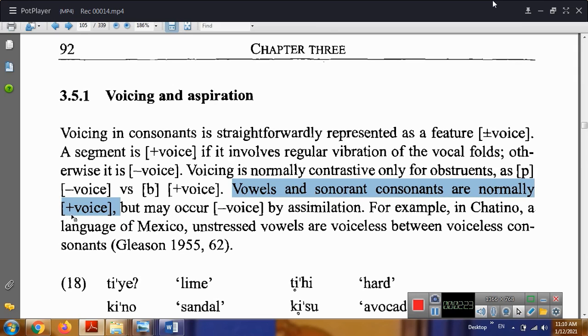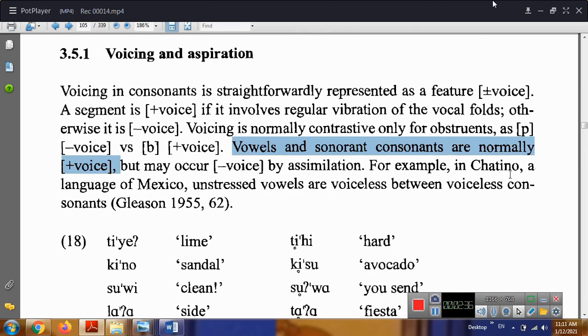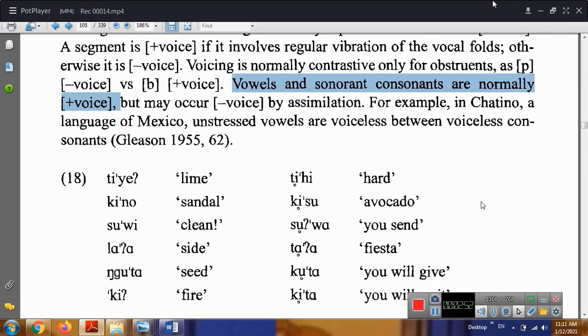Sometimes when they are put beside a minus voice sound, they assimilate with that contagious sound and become minus voice. For example, in Chino, a language of Mexico, unstressed vowels are voiceless between voiceless consonants. When a vowel occurs between two voiceless sounds, it is assimilated with those sounds and becomes voiceless.